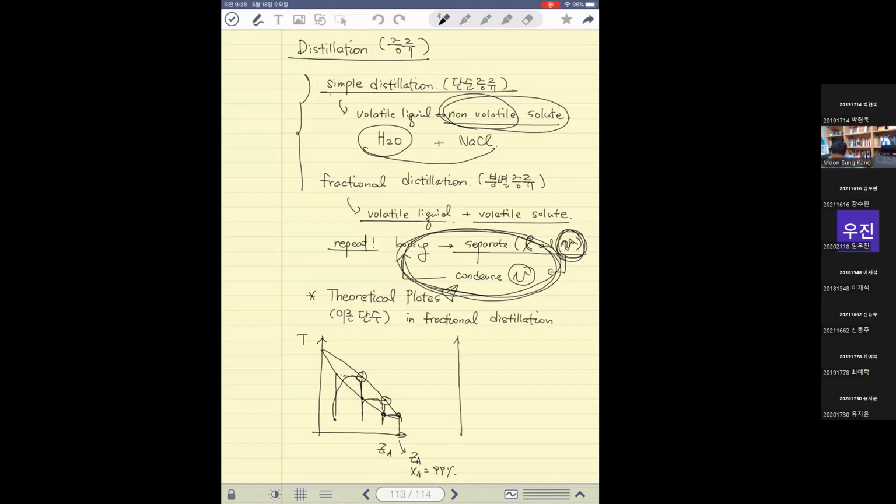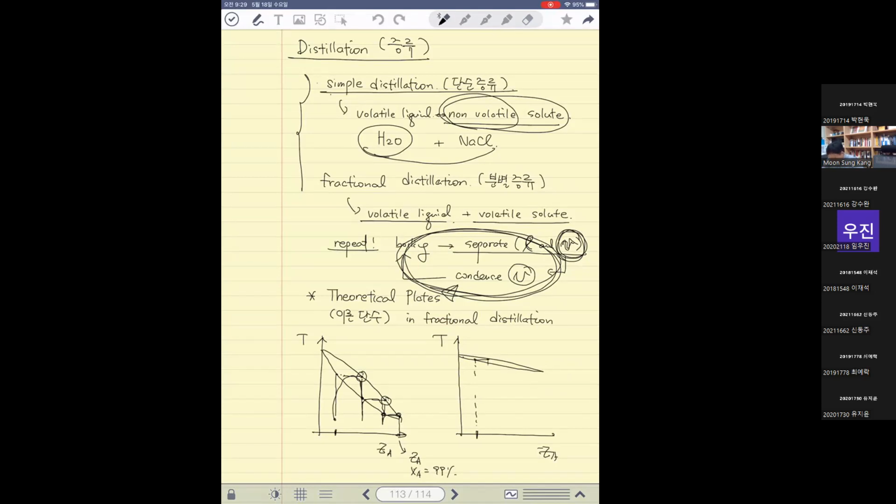Another example where I have temperature and ZA that looks something like this. And I start from this composition again. And let's say I do the same thing. I boil this. I'm going to have both liquid and vapor in equilibrium.